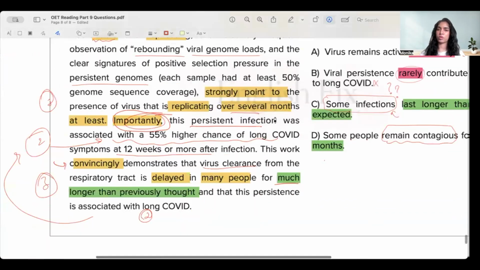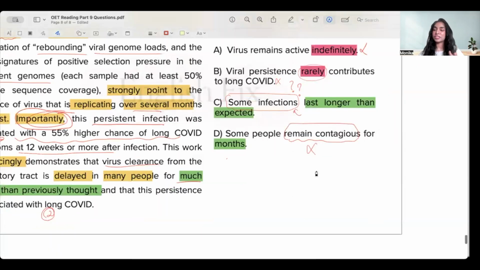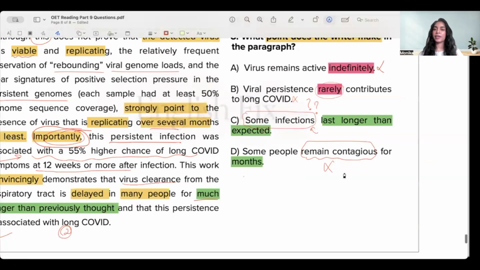Let's see if I found it. Several months at least, the virus is replicating within their own body. Clearance, the virus clearance from the respiratory tract, not from the population group. They didn't talk about the contagious nature of the virus at all in this entire paragraph. If this isn't even talked about, then how can this be the right answer?